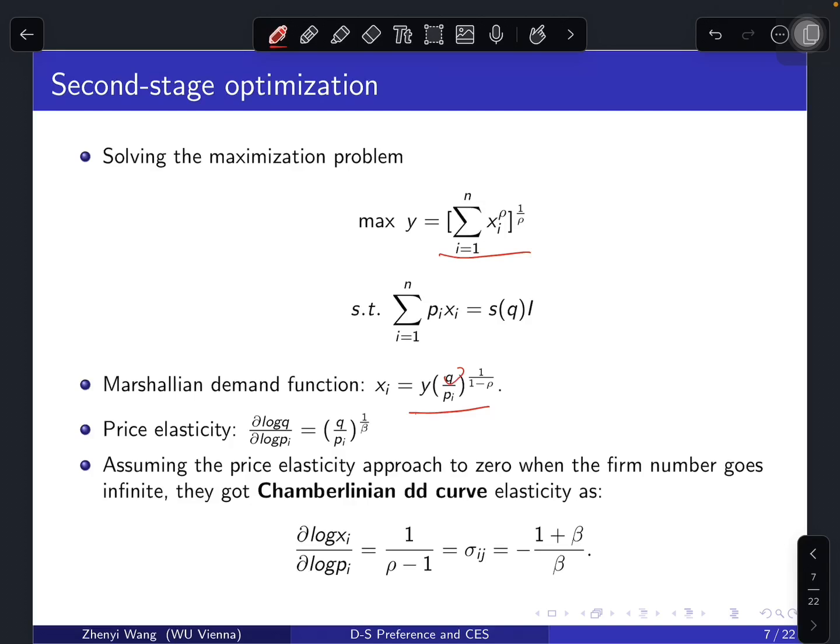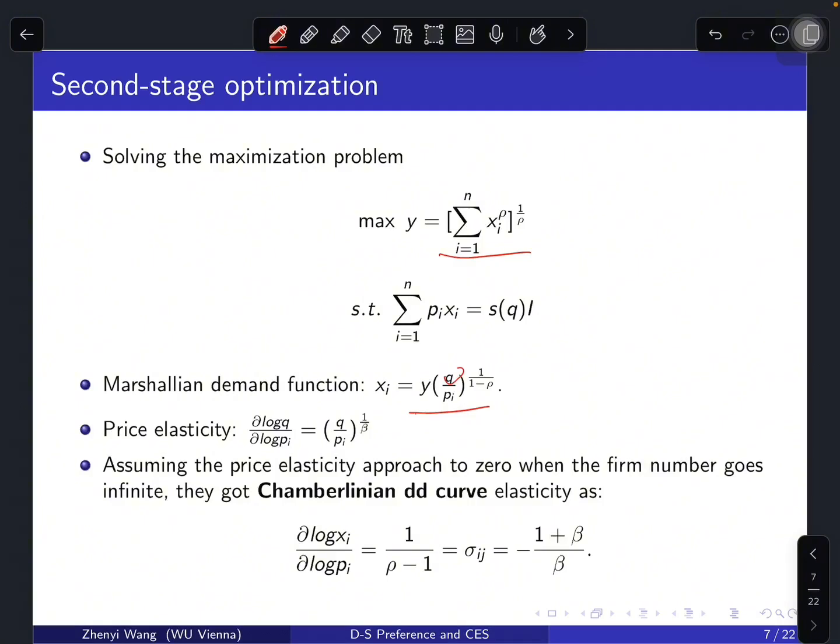So when the price elasticity approaches 0, as the number of firms becomes infinite, each firm's market share becomes negligible. Then the Chamberlin lower dd curve represents the demand faced by a single firm in monopolistic competition.